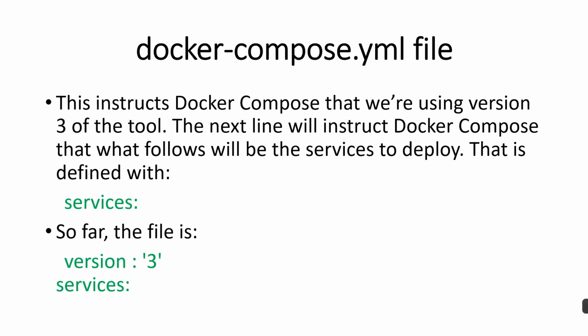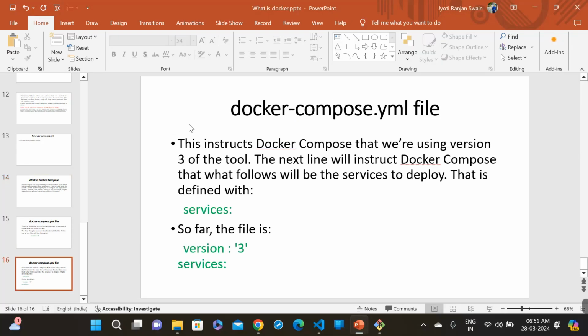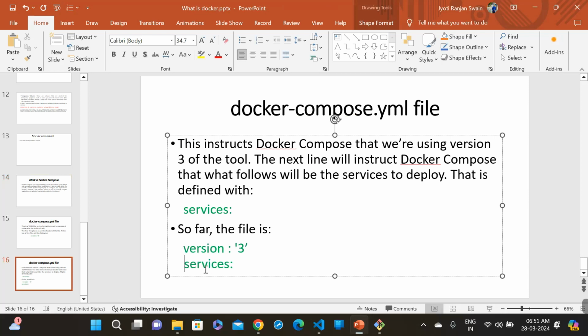The next line instructs Docker Compose that what follows will be the services to deploy. First is the version, then the second is the services, meaning which services we will deploy.